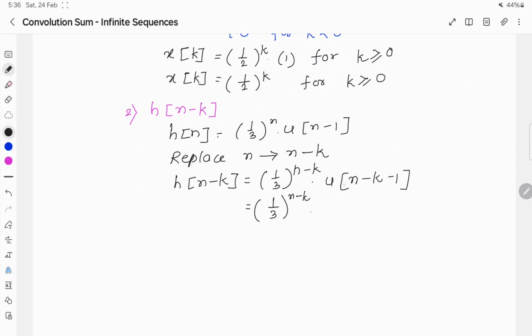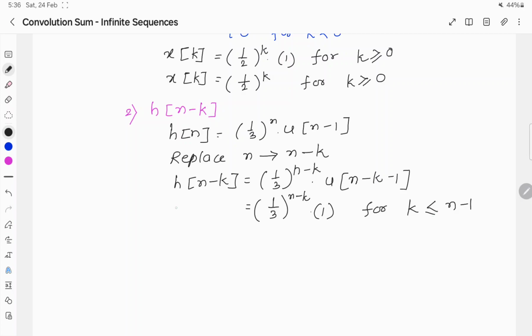If you draw this signal, it will have amplitude 1 for k less than or equal to n minus 1. You can draw it and cross-check this limit. Here k is less than or equal to n minus 1.